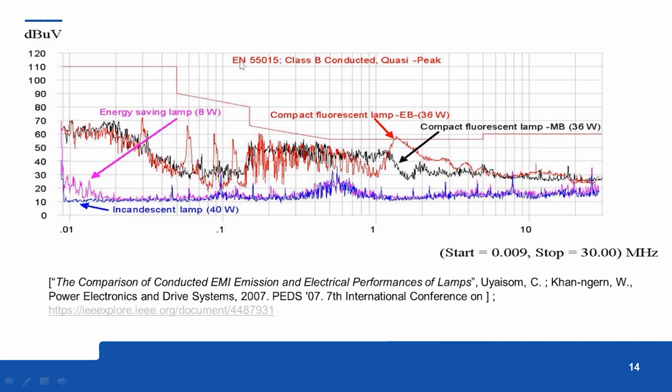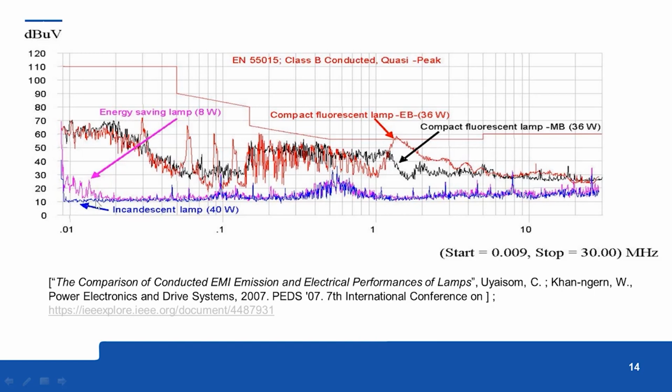That is coming from the European norm 55015 class B conducted. As per the standard test procedures, it is done. So all these devices are conforming to this standard. They are below this particular limit.